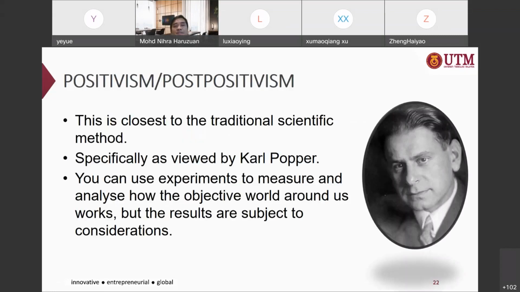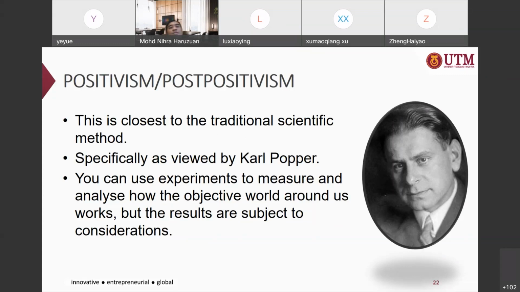Okay, positivism, or post-positivism. This is basically very close to the traditional scientific method, when you do your investigation scientifically, in a lab, for example. This is basically the view of Karl Popper, the founder.